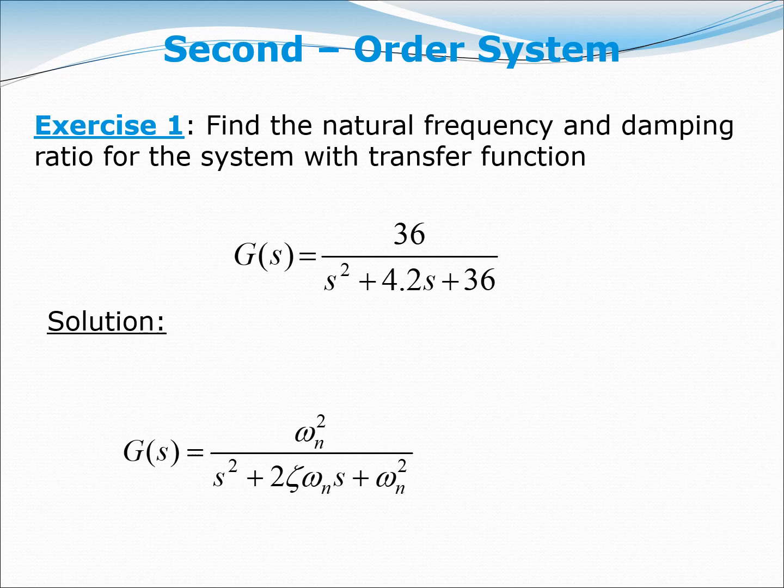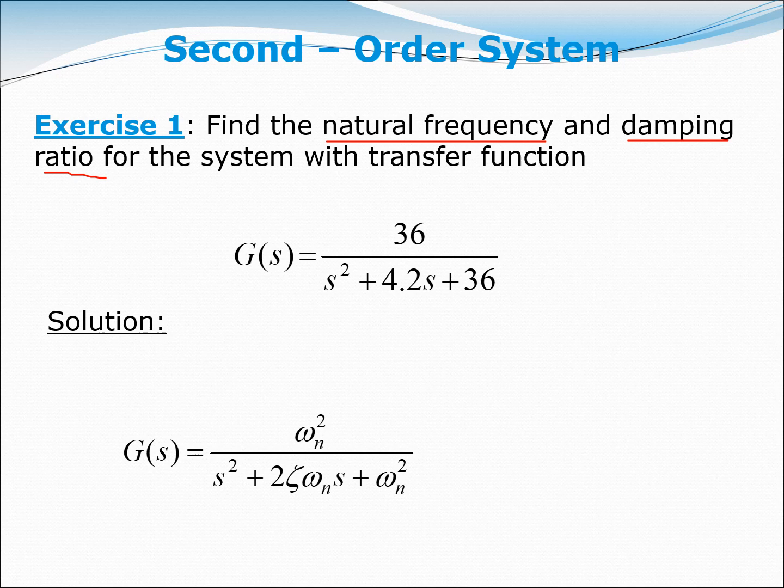Next we go to exercise number 1. Find the natural frequency and damping ratio for the system with the transfer function as follows. There are two terms that exercise 1 asks for: the natural frequency and the damping ratio. Natural frequency is omega n, damping ratio is zeta.